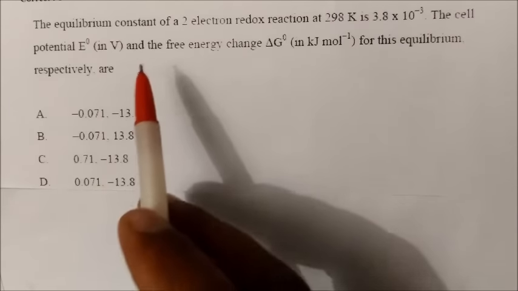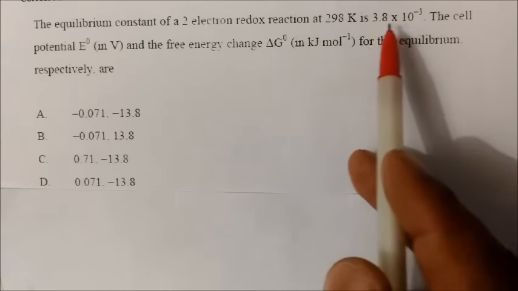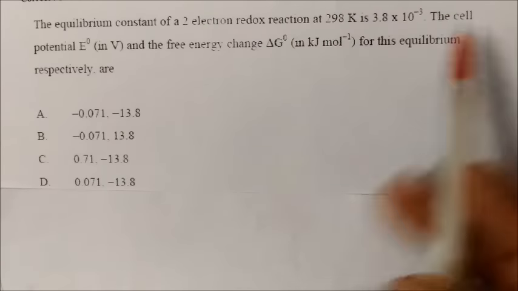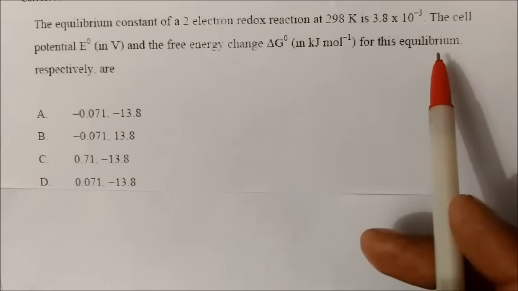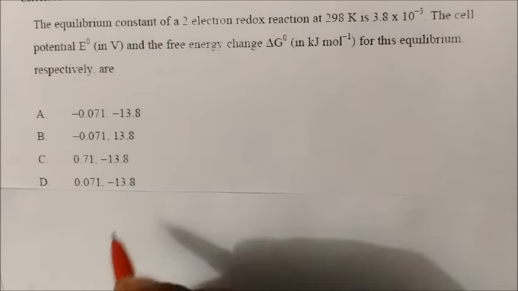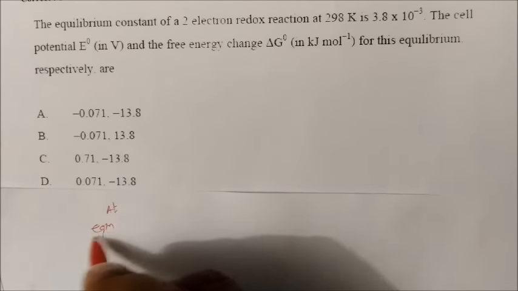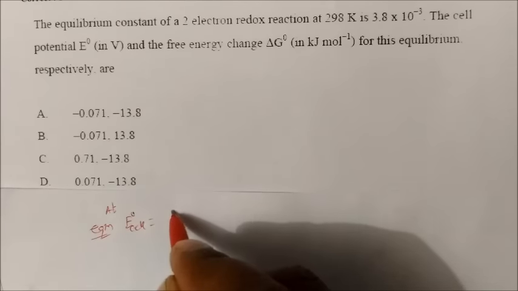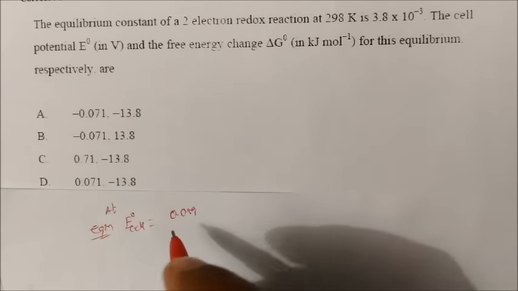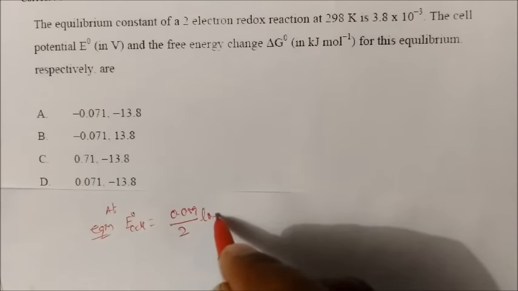The equilibrium constant of a 2 electron redox reaction at 298 Kelvin is this much. The cell potential and the free energy change delta G naught for this equilibrium respectively are. We know that at equilibrium, E naught of the cell is 0.059 divided by n, where the electron number n is 2, times log of Kc.